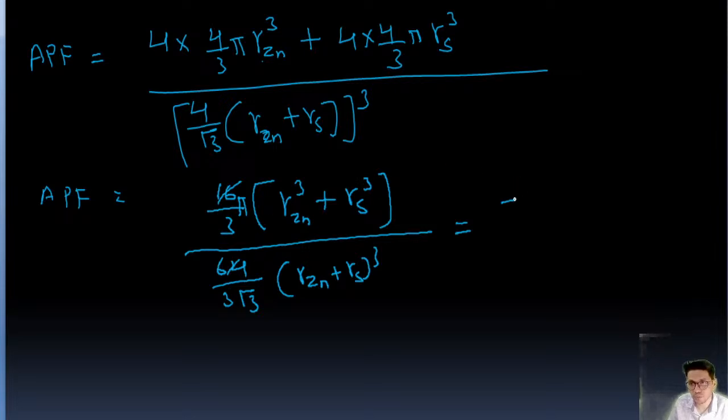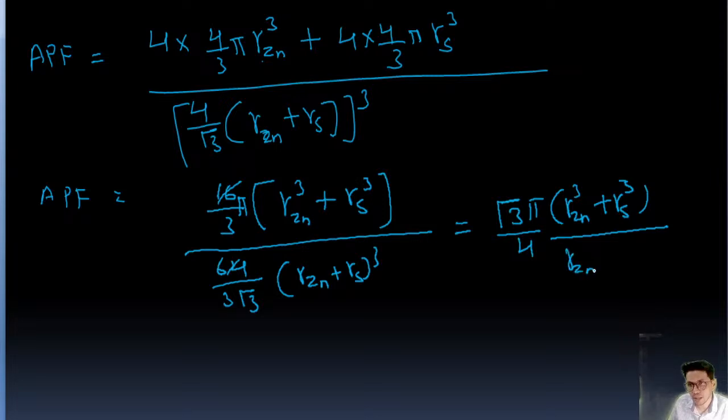So this is going to be root 3 pi upon 4, and that is r Zn cube plus r S cube, upon r Zn, means radius of Zn plus radius of sulfur, whole cube.